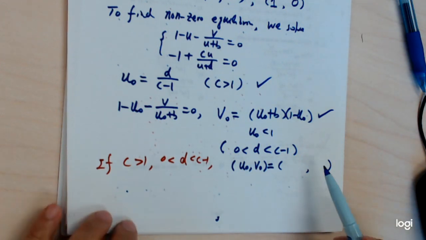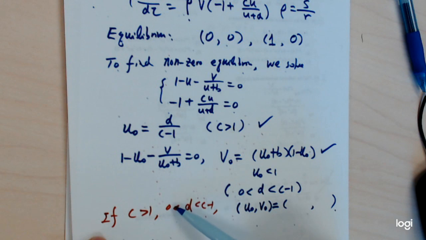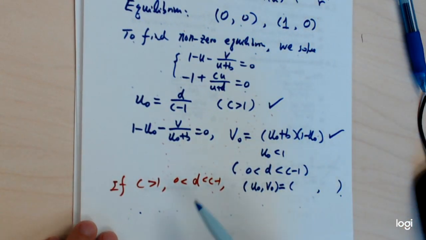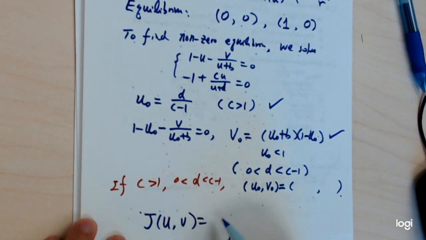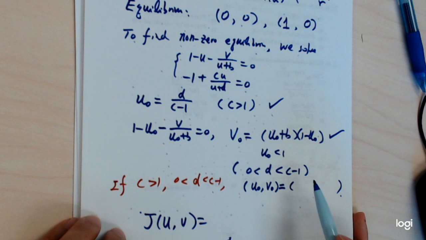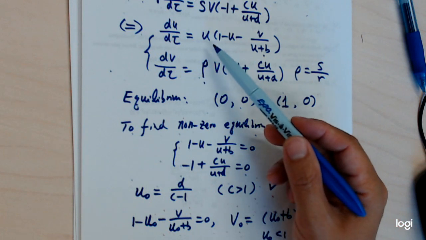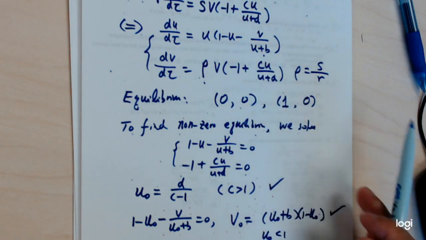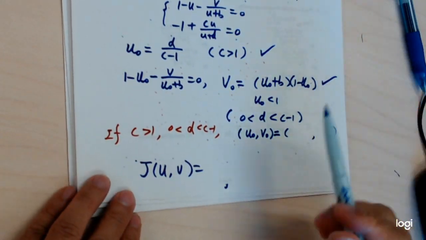So now let's study the stability of the three equilibriums. We are going to look at the Jacobi matrix. The linearized system, the matrix looks like this. So here's the matrix. Partial derivative with respect to u, partial derivative with respect to v. So I'm going to write this down for you. You can double check it.